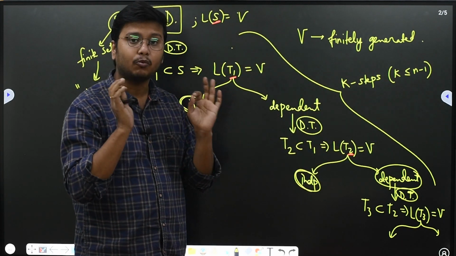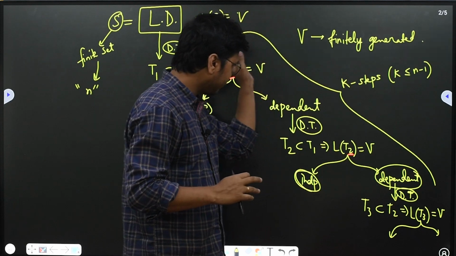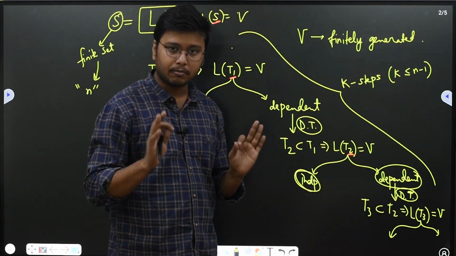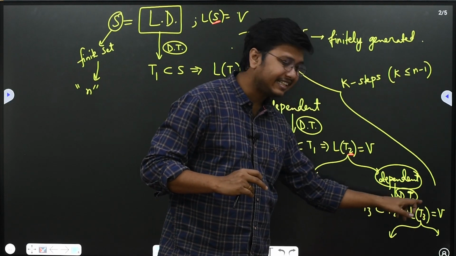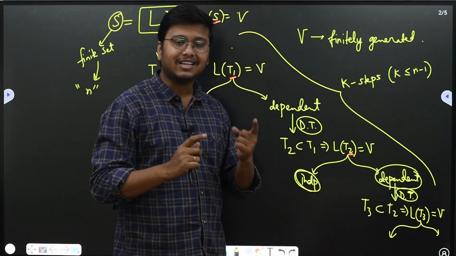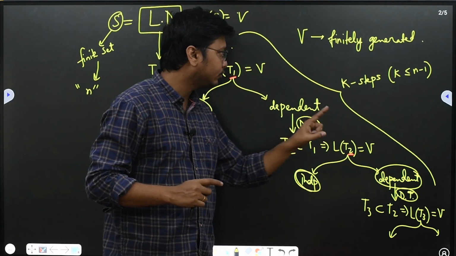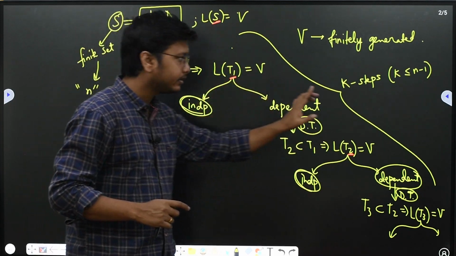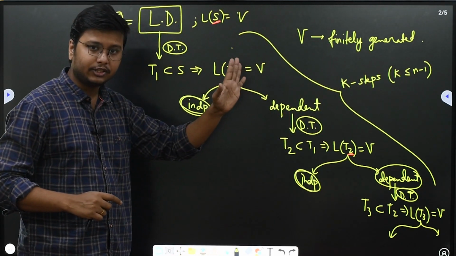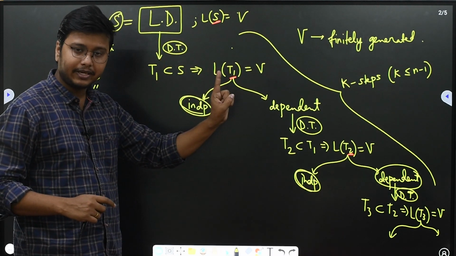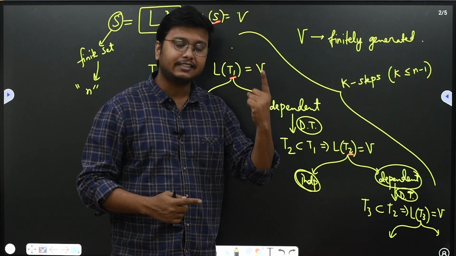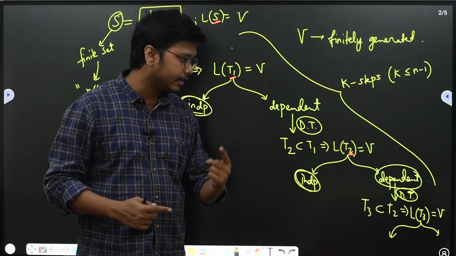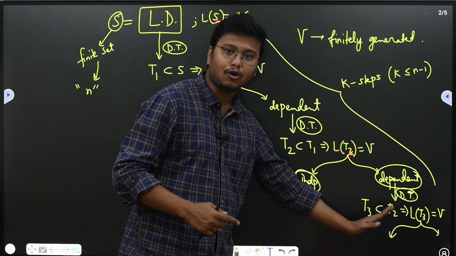Then in the worst possible case, if you run this process n minus 1 times if required, you will come down to a set, let's say T(n-1), which will consist of only one vector. Since you have deleted all the remaining vectors, n minus 1 deletions have been done, so only one vector remains, and we know that a set which contains only one vector is definitely linearly independent, so the process has to stop somewhere.